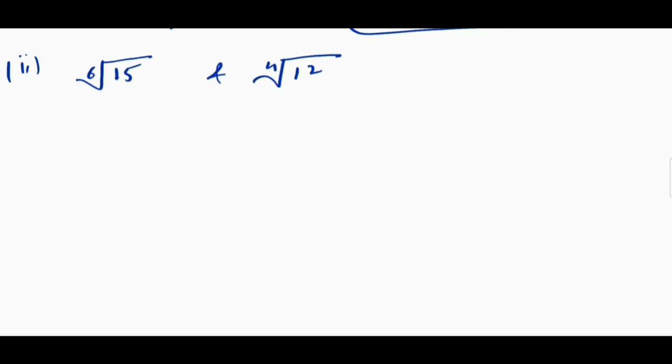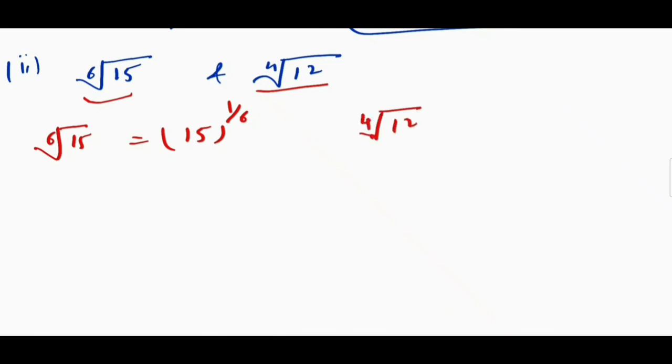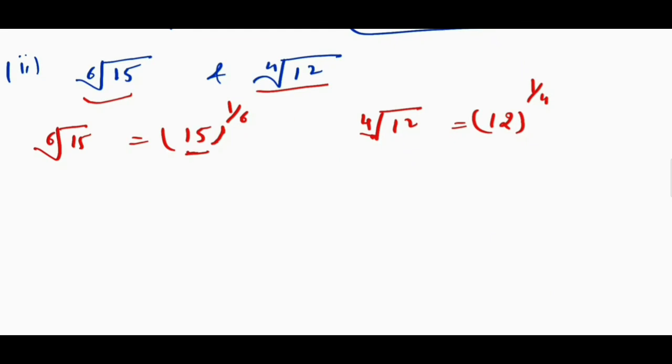So in this question we have to tell which surd is greater. So first I write this surd. We know we can write this as 15 raised to power 1 by 6, correct? And this surd I can write as 12 raised to power 1 by 4. Now here see, the powers are different. The power of 15 is 1 by 6 and the power of 12 is 1 by 4.